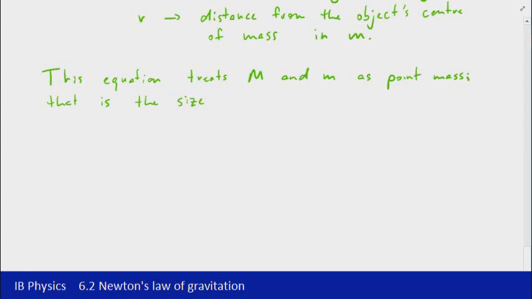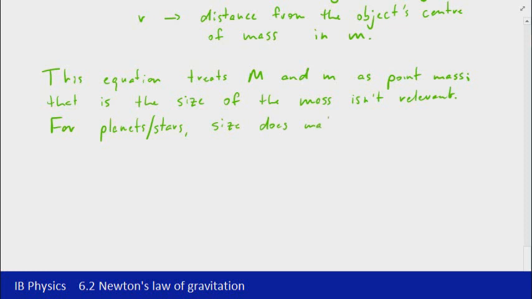So the size of the mass isn't particularly relevant. Now, in the case of planets or stars, obviously the size does matter in that case. So we do need to be aware of the fact that planets and stars have a certain size.